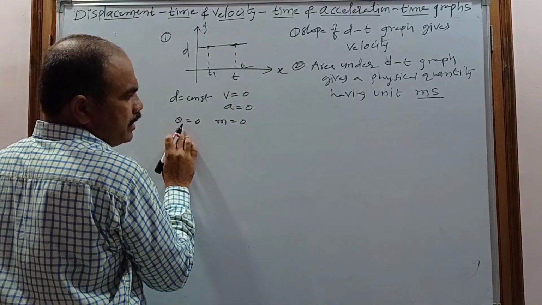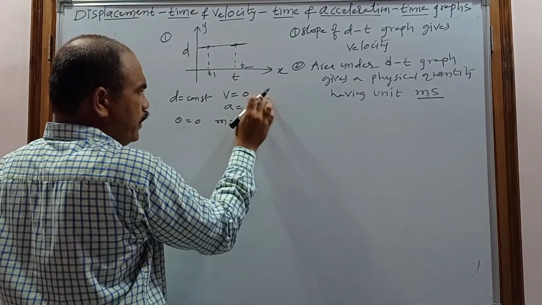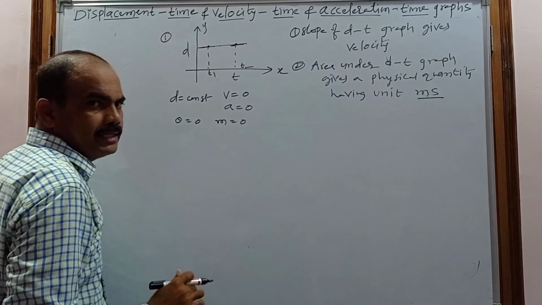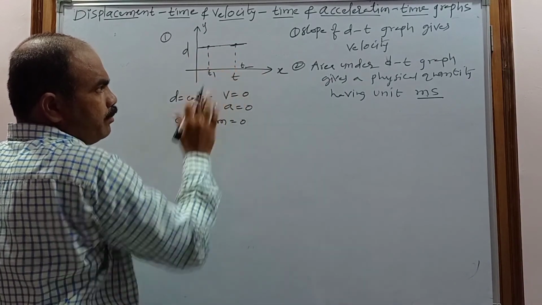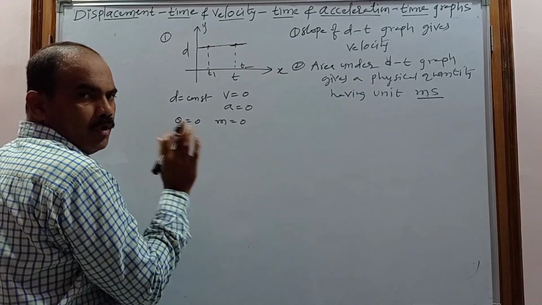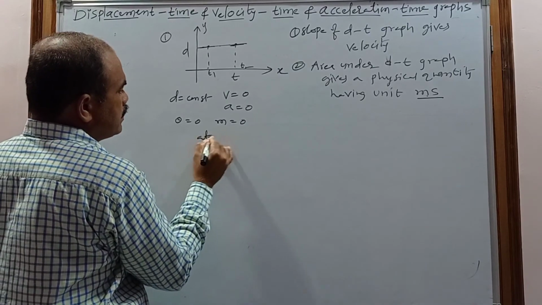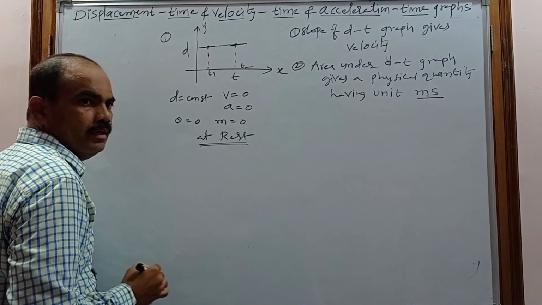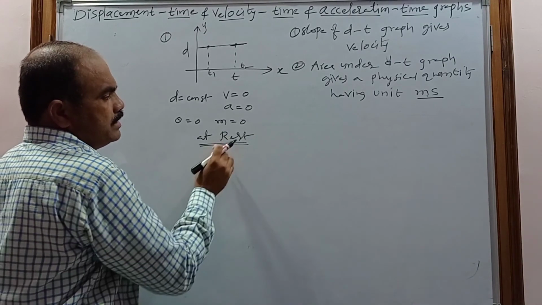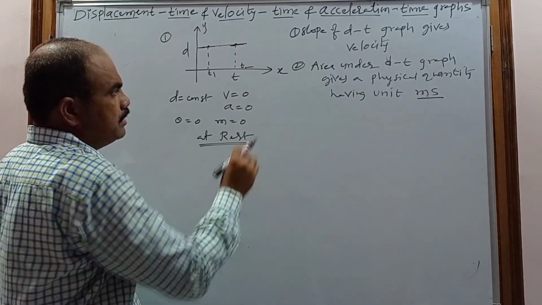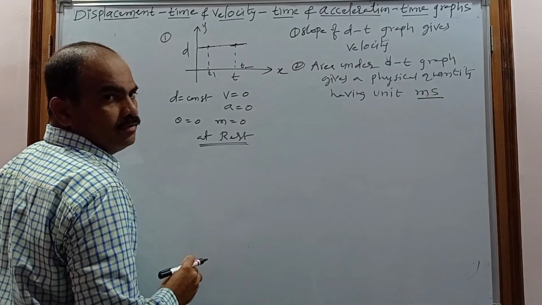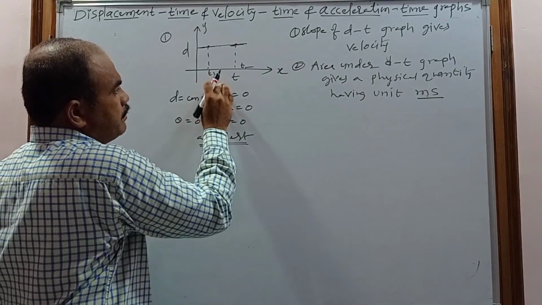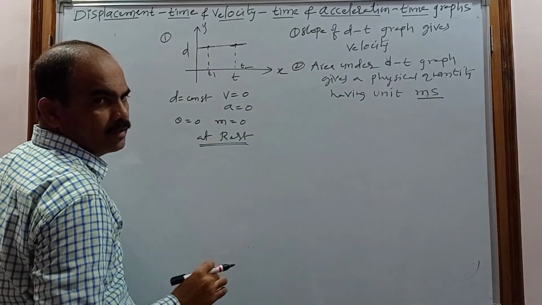So theta is zero, the slope is zero, and due to that velocity is zero and acceleration is zero. That's why this graph represents a body which is at rest, because its velocity is zero, acceleration is zero, and displacement is not changing with respect to time.